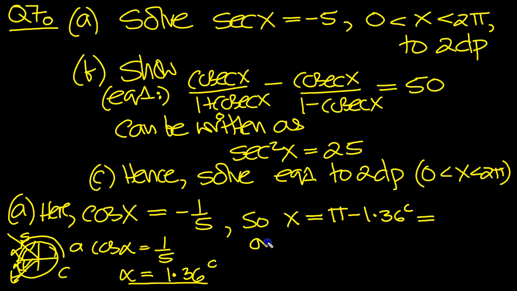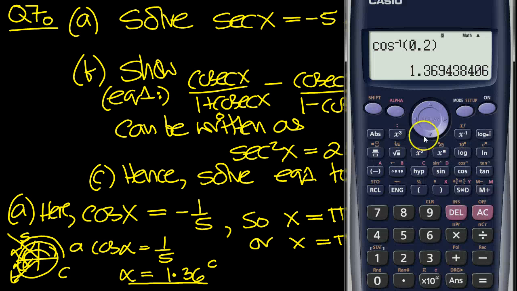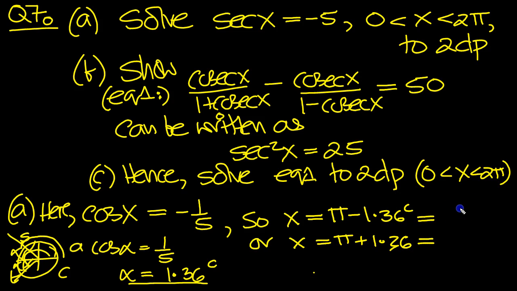And the other solution is equal to round to here, isn't it? Which is pi plus 1.36 radians to 2dp. So let's add pi, so plus pi, 4.51 to 2dp.